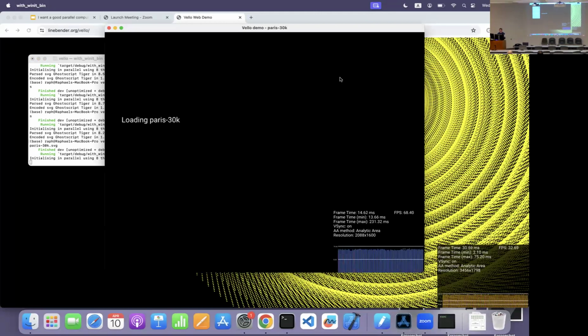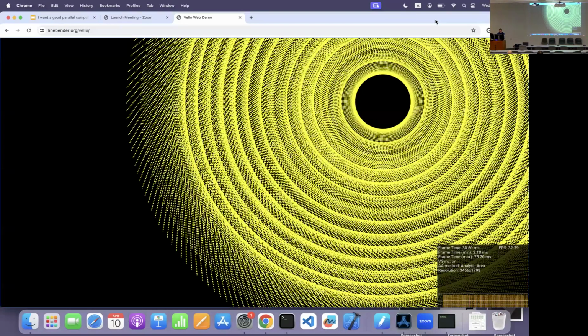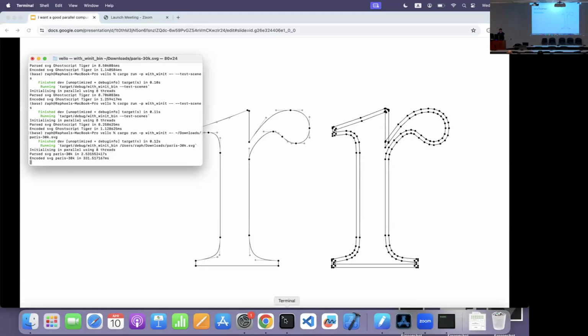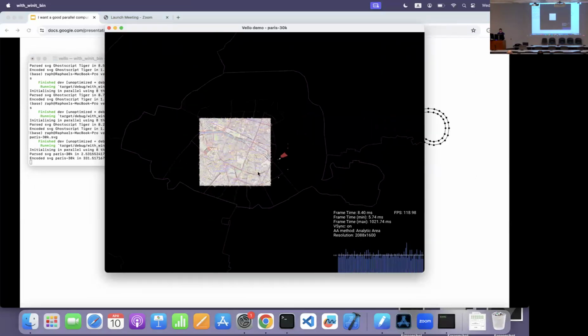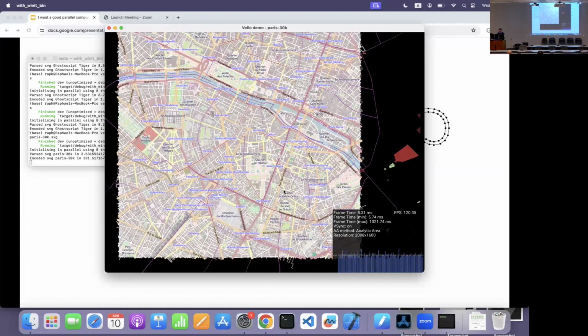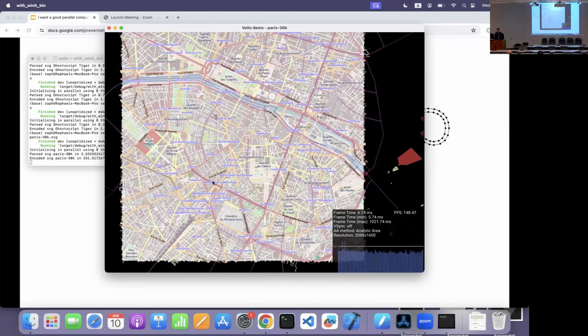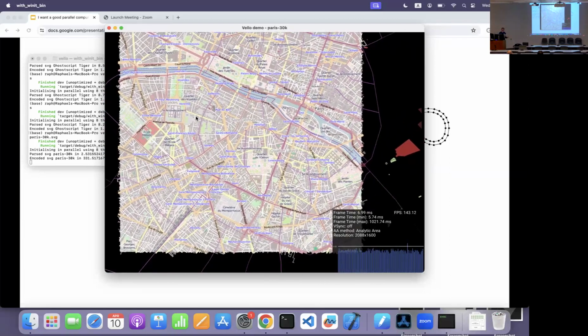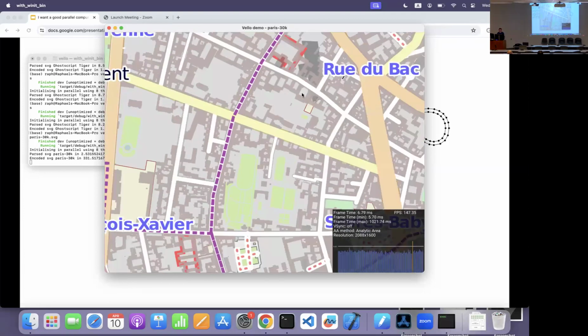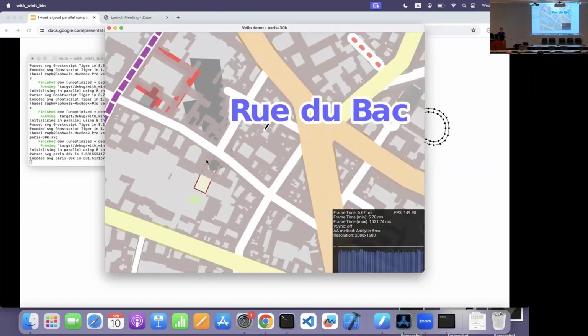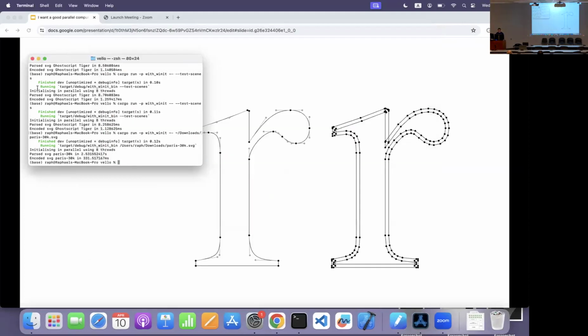I could be running it in the browser, but I'm running it natively, and you can see that it's sustaining 100. Actually, I turned VSync off. It's doing 150 frames a second on this map of Paris, which has, you can zoom and see the vectors. This particular image has 1 million path segments on it. So it's really high performance. You need the GPU to obtain this level of performance.